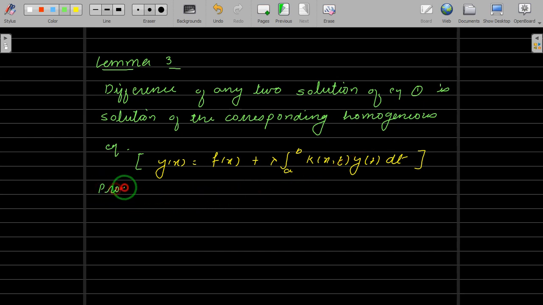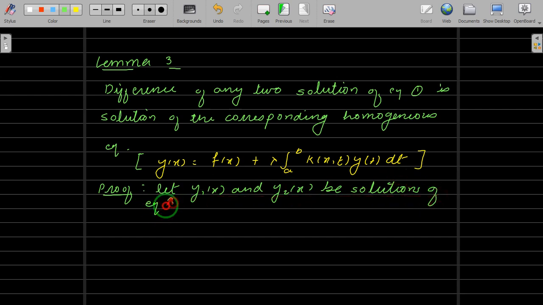It's a very simple thing to write also. Now in this case you consider two solutions. So let y1(x) and y2(x) be solutions of equation 1. That means y1 will satisfy equation 1 and y2 will satisfy equation 1.